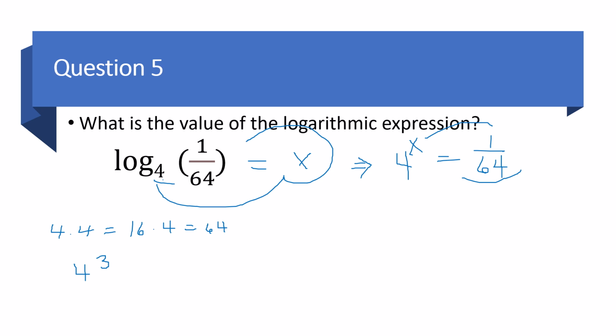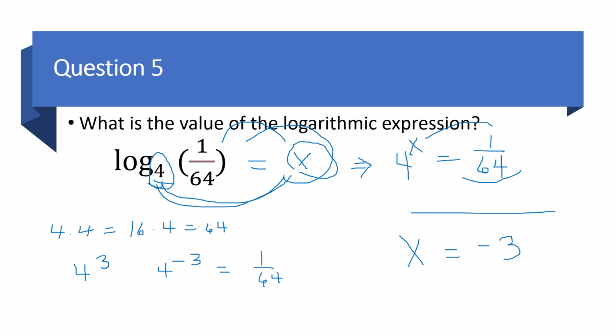So 4 to the negative third power would be 1 over 64. So our x would be negative 3. Let's just test that theory. 4 to the negative third power equals 1 over 64. Answer is negative 3.